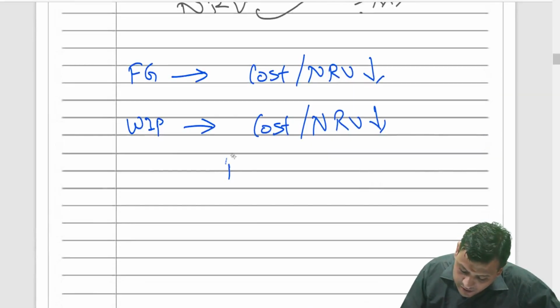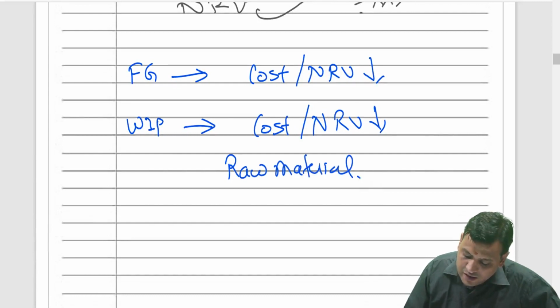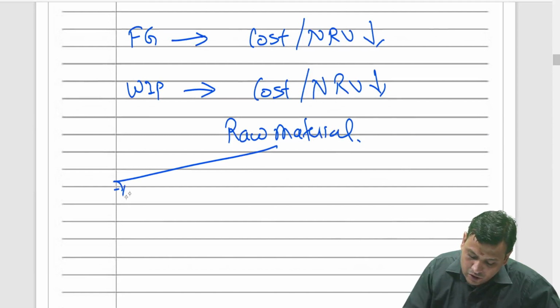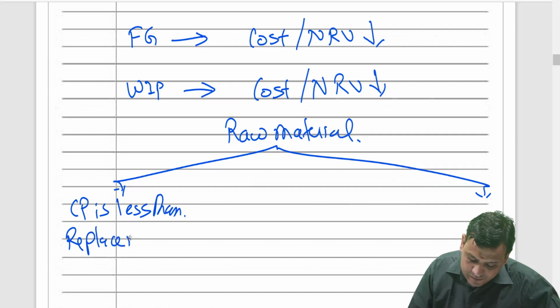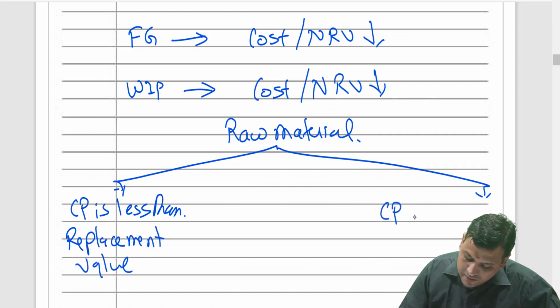Now comes raw material, and for raw material it is not simply the lower of the two. For raw material you have to make two parts: either the cost price is less than NRV, or I can say replacement value, or the cost price is more than replacement value.